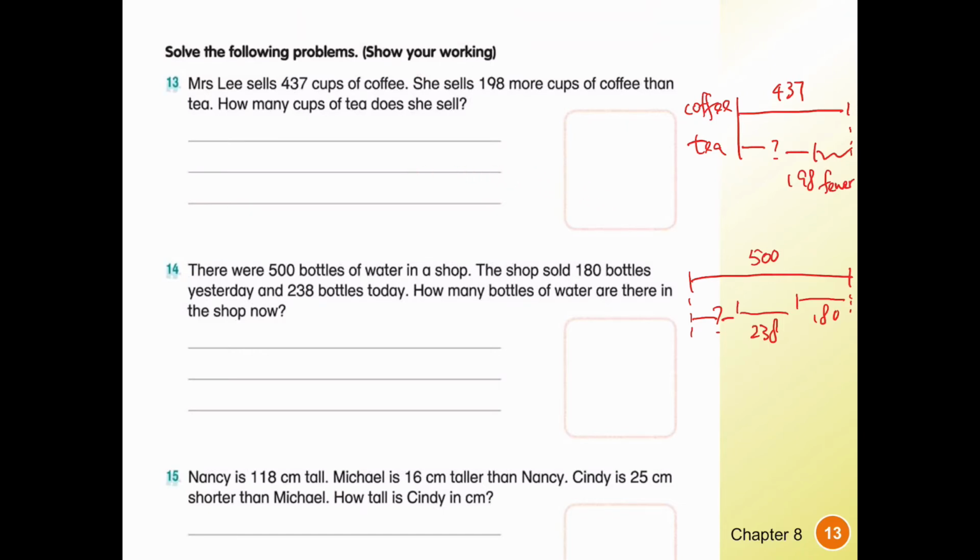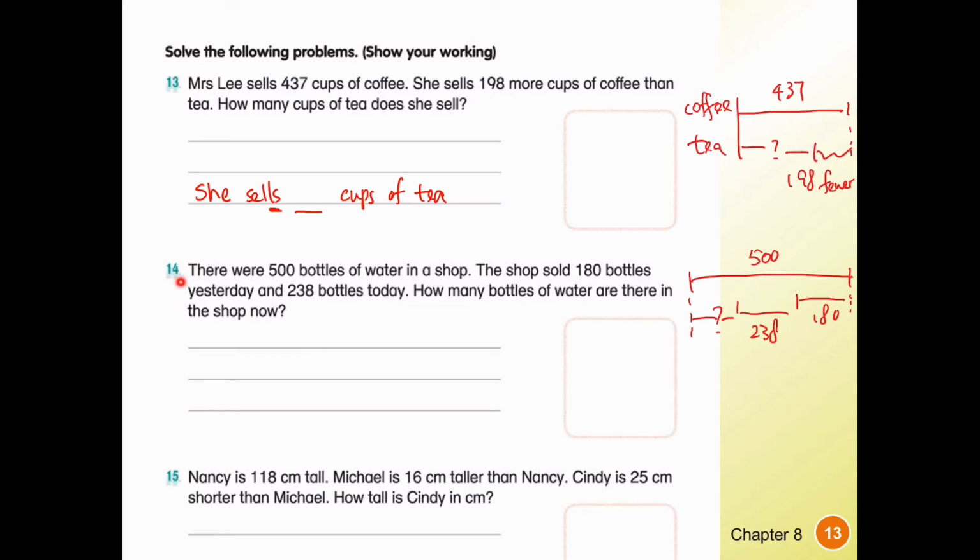For the sentence, I would like to remind you, you should start with the word she, and then she sells. Remember to put the letter S after this, and then the answer, and then the unit would be cups of tea.